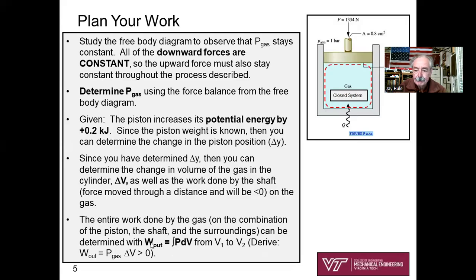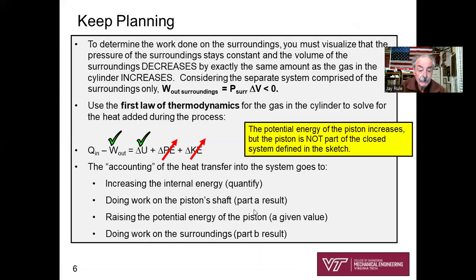So if we can draw a pressure-volume diagram, we've got an easy integral to evaluate. P constant times dV, that's delta V. So the entire work done by the gas is going to be P, the pressure of the gas, times delta V of the gas. Okay, so that's going to be pretty easy.